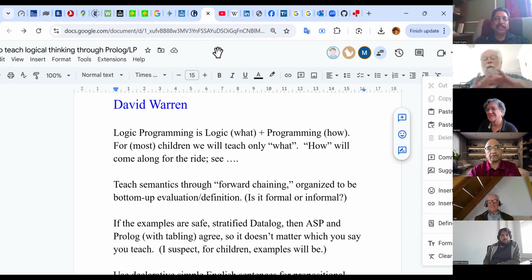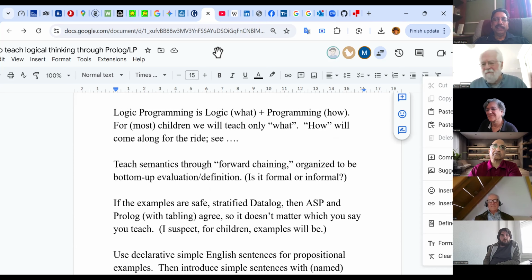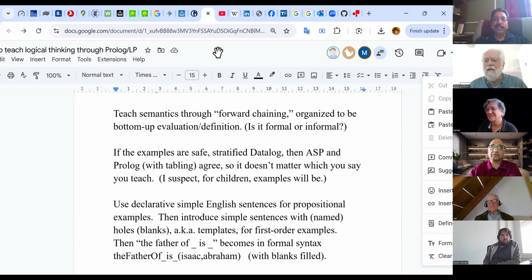For children, we're probably not even paying too much attention to the computation. My theory is that if you teach the meaning correctly, so I teach semantics through forward chaining. Christian's point that we have to teach implication is a very good and important point.